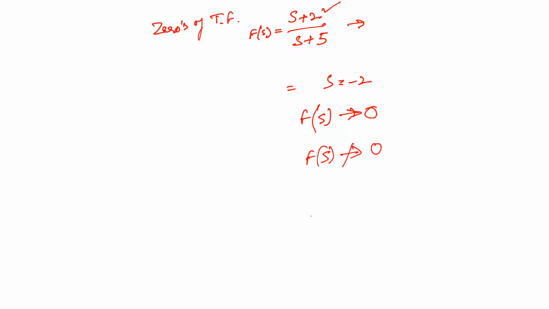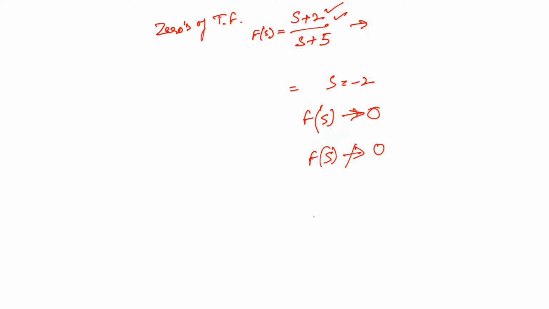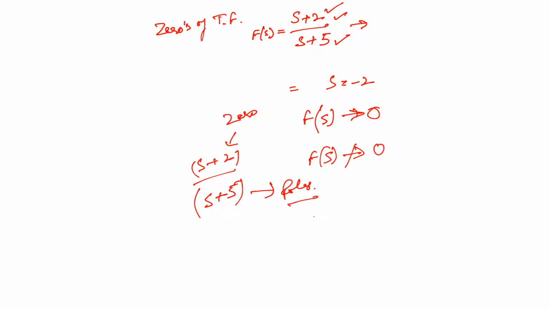So from this we can see that if the roots of the numerator are obtained, they give the zeros, and if the roots of the denominator are obtained, they are known as the poles. A zero will make the transfer function 0 and a pole will make the transfer function infinite.